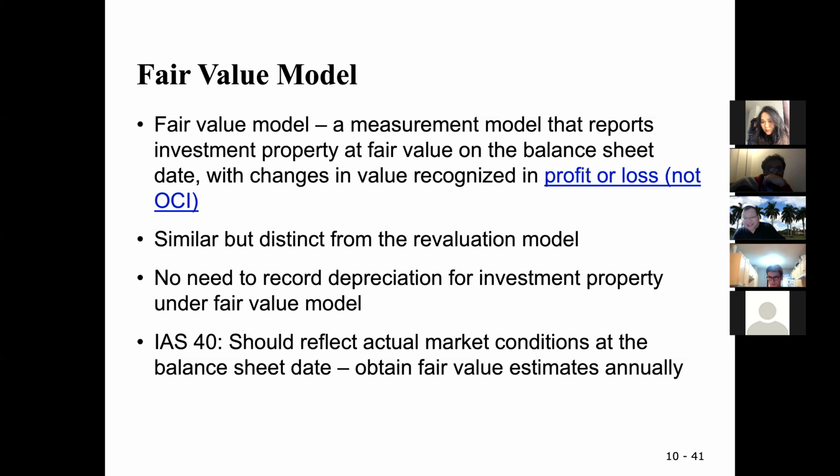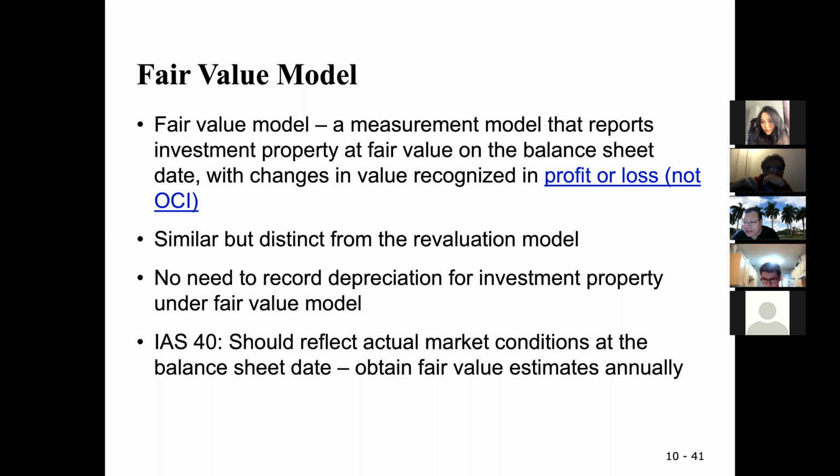But under the fair value model, at the year end you have to use the fair value, so you don't have to do depreciation, because everything is adjusted through the fair value at the year end.